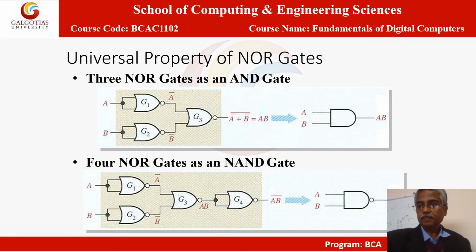Is it clear? So 0 0 entered, and that will become 1. 0 0 becomes 1 1, 1 1 will produce 0.